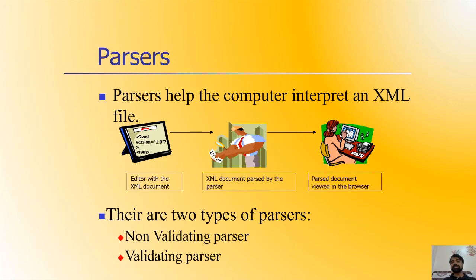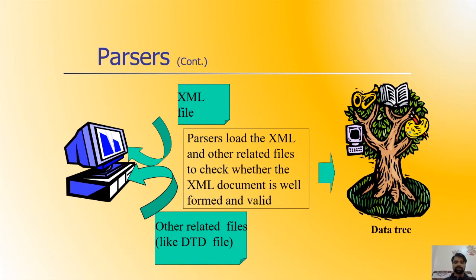Next is MSXML, which is used for Microsoft. So these are a few of the parsers being used. The parser parses and interprets the document; it loads the XML and other related files to check whether the XML document is well formed and valid or not.